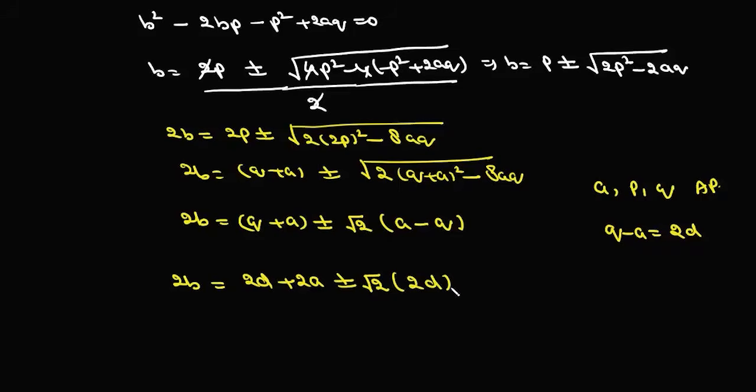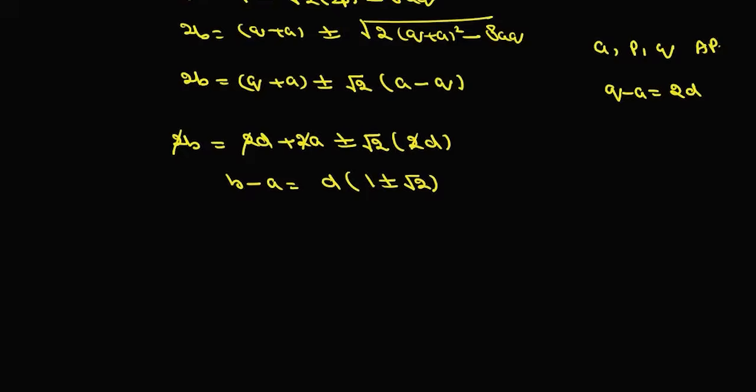So it won't make a difference. So we can cancel this 2. Then we'll get B minus A equals D into 1 plus minus root 2, or this common difference will be B minus A upon 1 plus minus root 2.